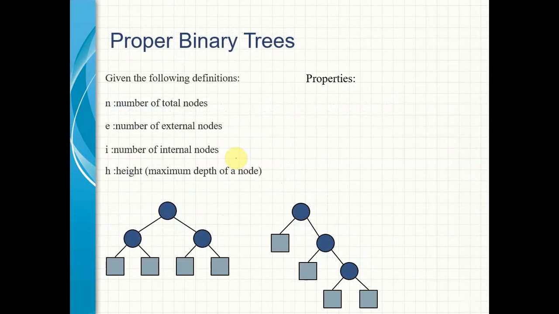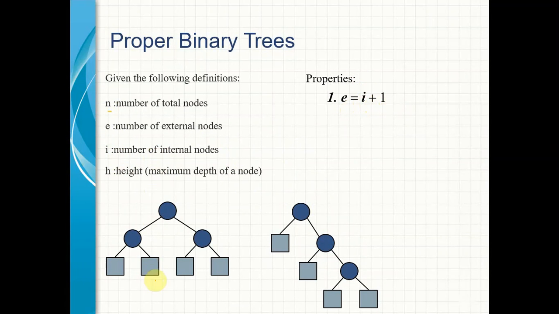So with the definition of a binary tree, actually for all the trees, let n be the total number of nodes, E the number of external nodes, I the number of internal nodes, and h the height, that is the maximum depth of a node. It carries the following properties. First, E must equal I plus 1.